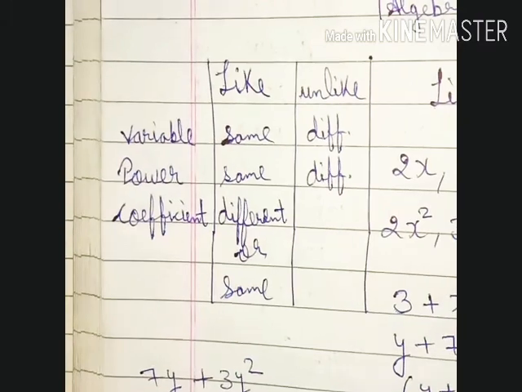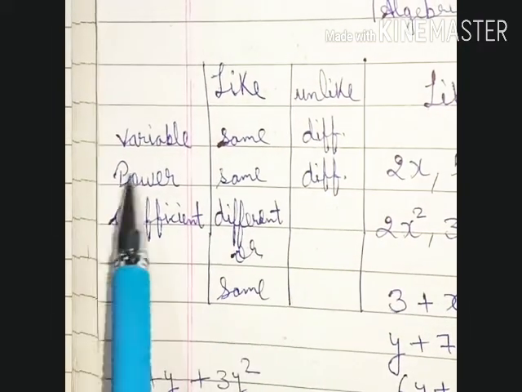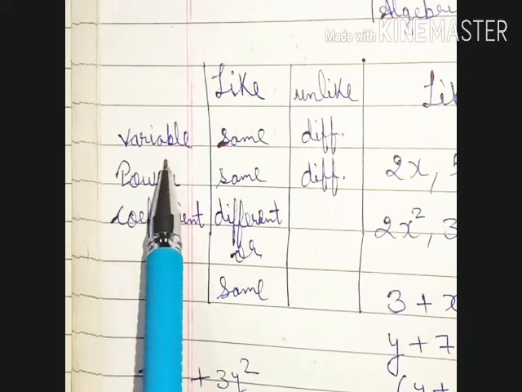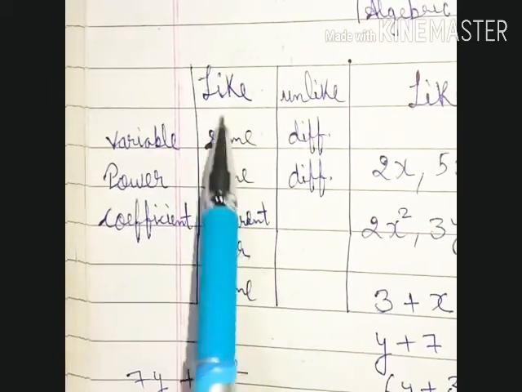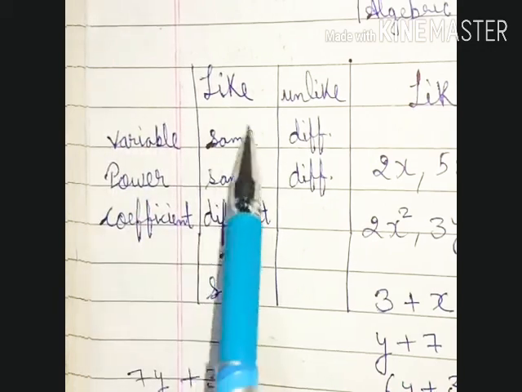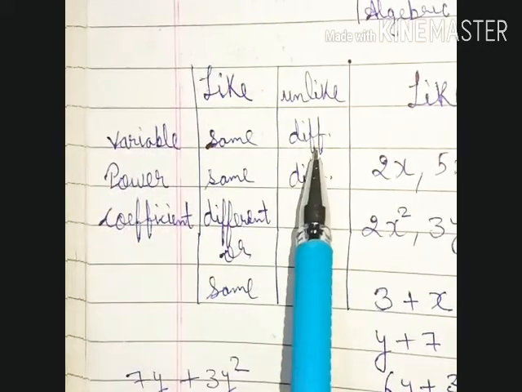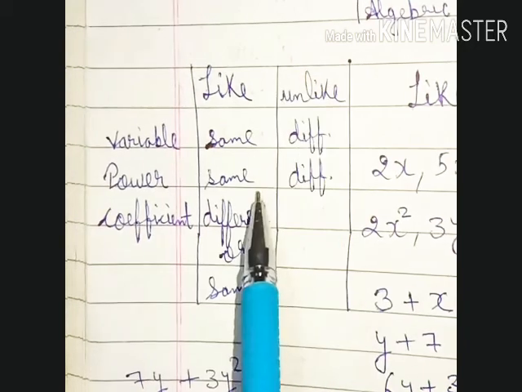Starting from like and unlike terms, first we discuss the variable, meaning x, y, z or any symbol. These must be the same for like terms. If the variables are different, meaning one is x and one is y, then the terms are called unlike terms.